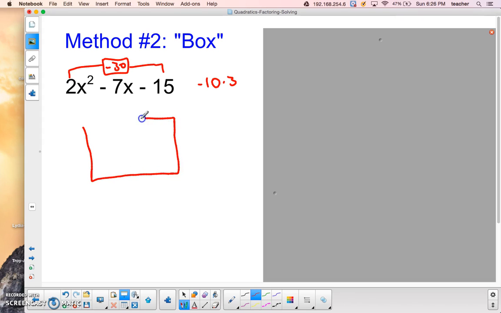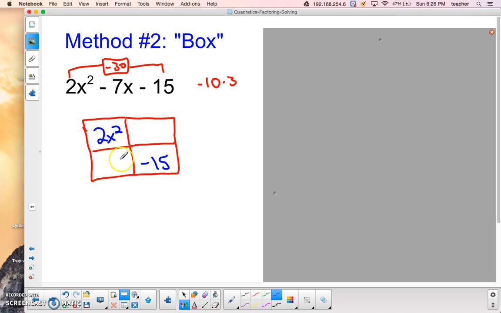We're going to set up a box, just like you did when you were multiplying two sets of parentheses. But remember, this stuff was the stuff we pulled out of the boxes. So let's go ahead and fill in what we would have gotten. The 2x squared would have ended up here. And the negative 15 would have ended up here.